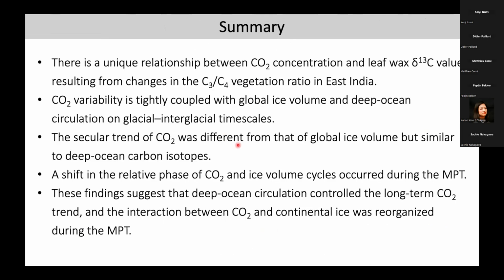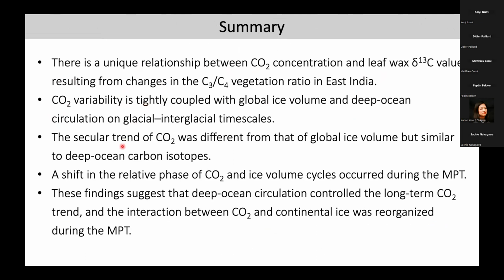Yeah, this is the summary slide. There is a unique relationship between the CO2 and the benthic carbon isotopes. Then we used this relationship to estimate the past CO2 concentration. Then we found that the CO2 variation was tightly coupled with global ice volume and deep ocean circulation on glacial-interglacial time scales.